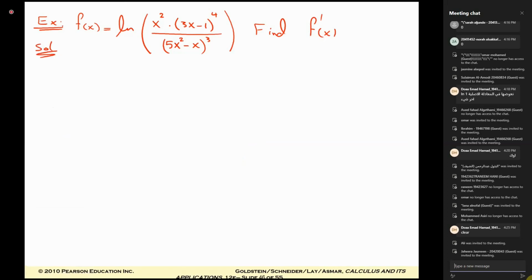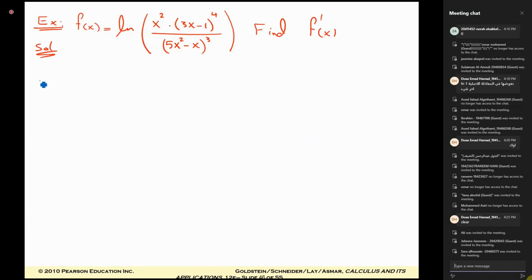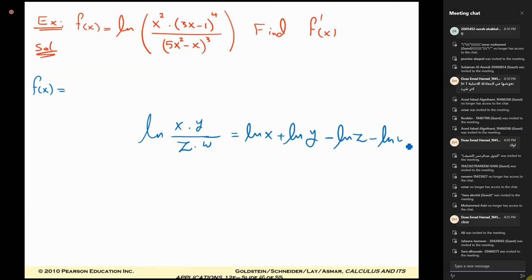Look, we use the properties of logarithms. Now, for f of x, we can distribute the ln over the numerator and denominator. If we have, for example, ln of x multiplied by y over z multiplied by w, we can distribute the ln on the numerator, ln x plus ln y, but when we distribute the ln over the denominator, we put negative ln z, negative ln w. Okay.